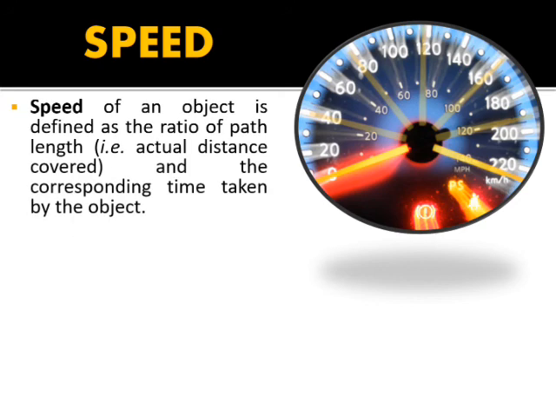Now let's see what is speed. Speed of an object in motion is defined as the ratio of total path length, that is, actual distance covered, and the corresponding time taken by the object, that is, speed equals distance travelled upon time taken. Speed of an object in motion is a scalar quantity.